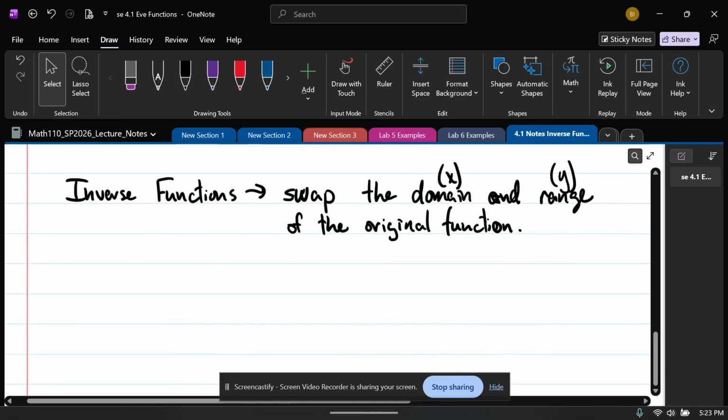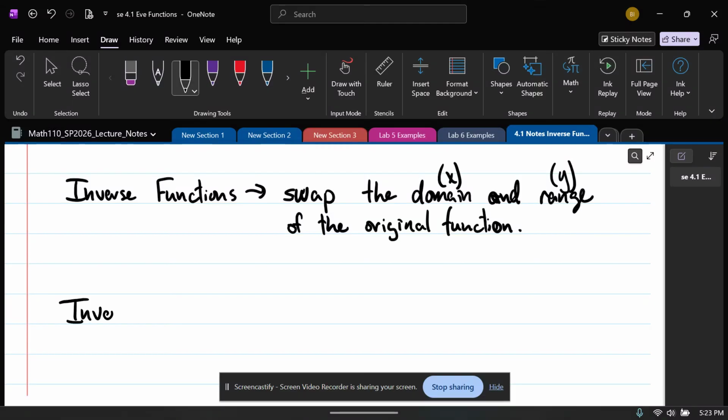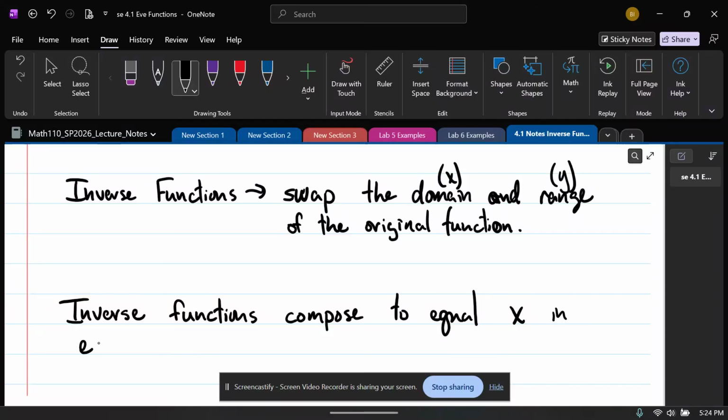All right. Now, another kind of definition-y thing here is inverse functions compose to equal x in either direction.